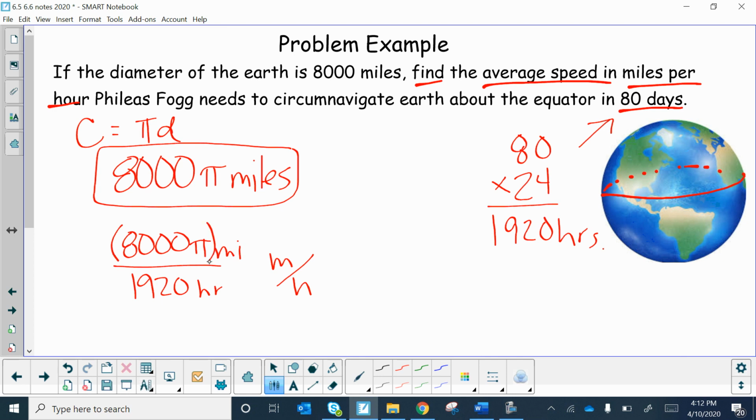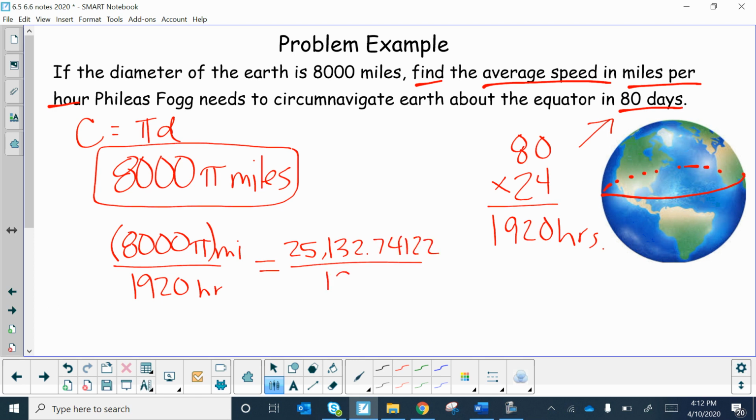And so now I'm just going to punch that into my calculator. And let's see what we get. So 8,000 times pi, I like using pi in the calculator, equals roughly 25,132.74. Then I'm going to just divide that by 1,920. So 25,132.74122.